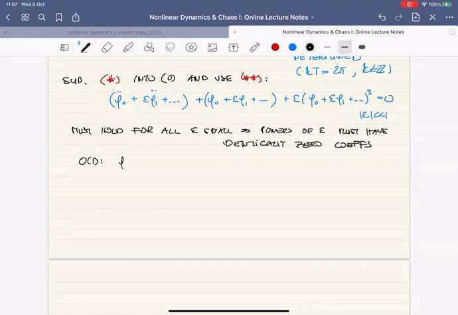So the first one gives you phi naught double dot of t, and mind you, that's a function of t, plus phi naught equals 0. So basically at order 1, you have recovered the linear oscillator. And that's a good thing because that's exactly how we constructed phi naught. We wanted phi naught to be a solution of that problem. So far that checks out. It also solves the initial value problem.